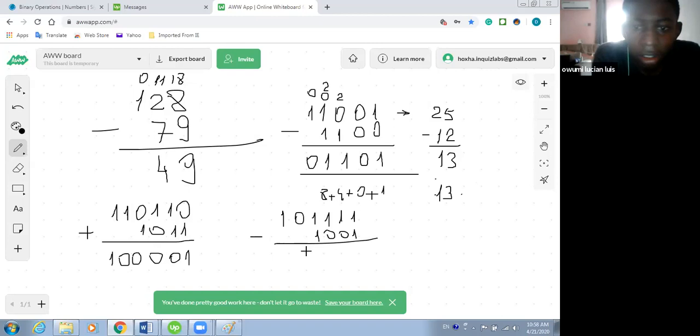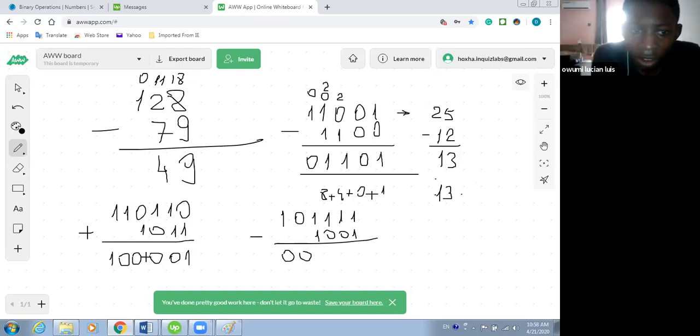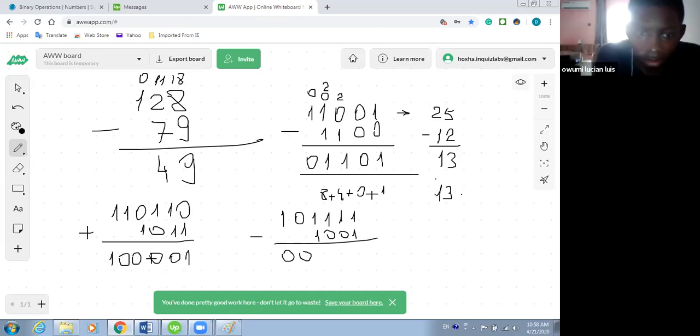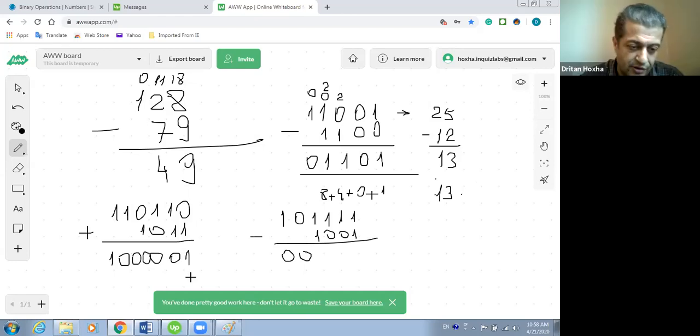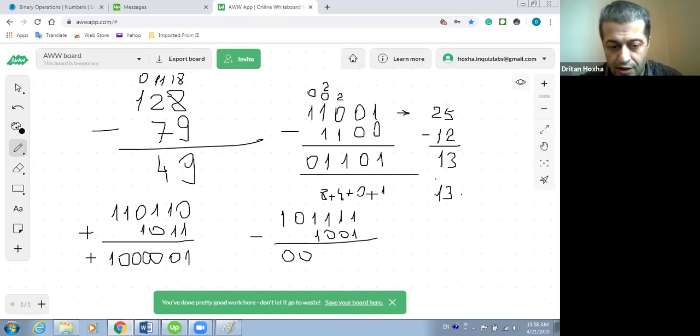The first one is 1, then you have 5 zeros and a 1 at the end. I have to write a 0 here again. Is it okay now? Did you write it that way?